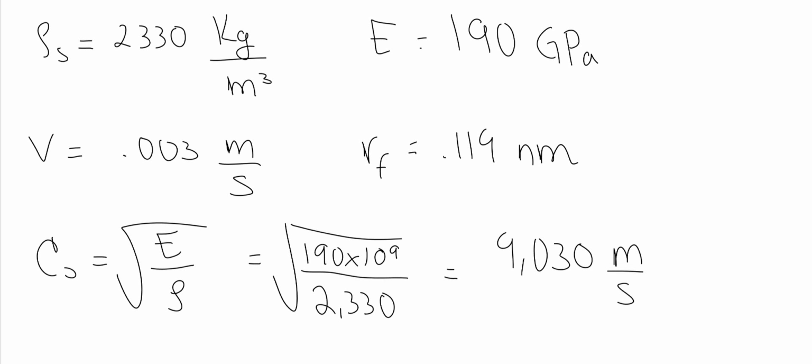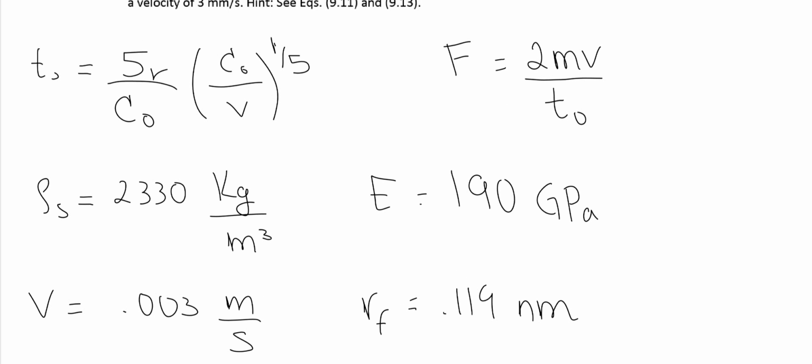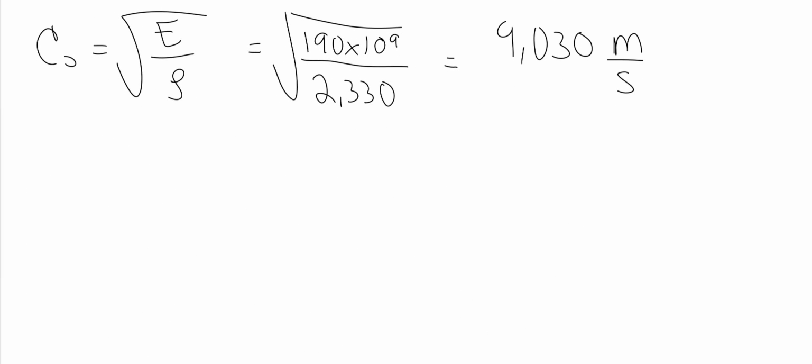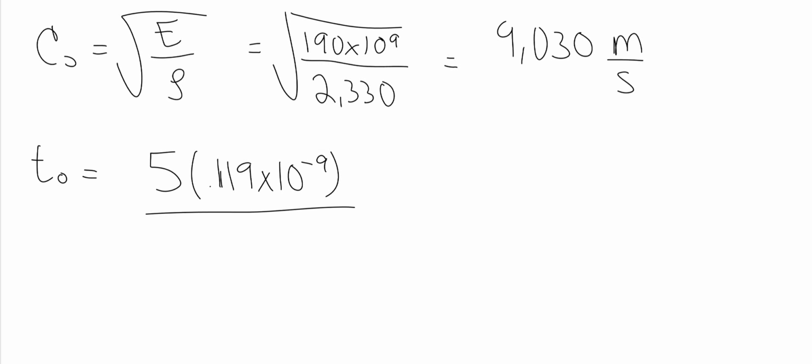Now we're ready to plug into the contact formula, the formula on the left above. So let's go ahead and do that. T0 is equal to 5 times R, which is the radius of fluorine, 0.119 times 10 to the negative 9 meters, over C0, the wave speed, which is 9,030.